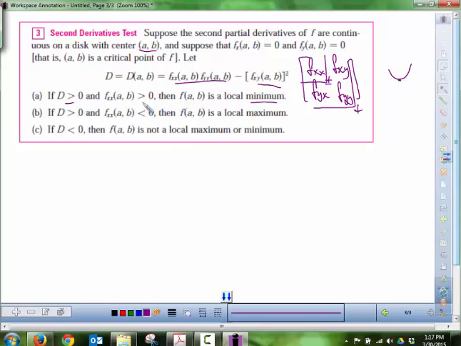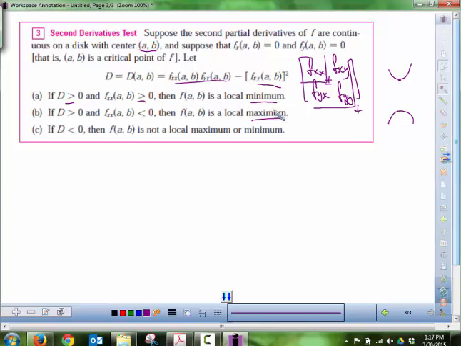So when the determinant and the corner function are both positive, then the whole thing is positive. We have a concave up situation. If it changes sign from positive to negative, then that's when you have a concave down situation, and the concave down situation will give you a local maximum.